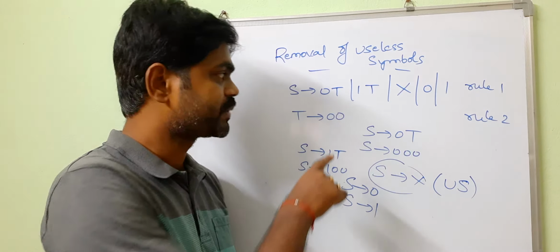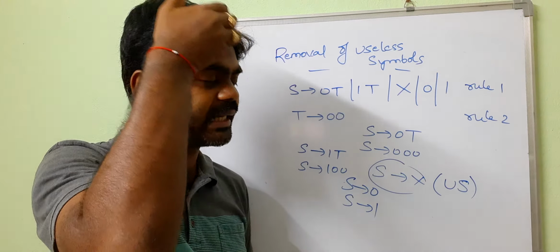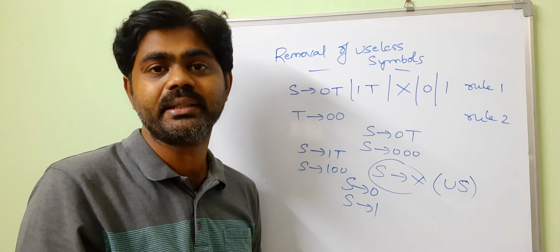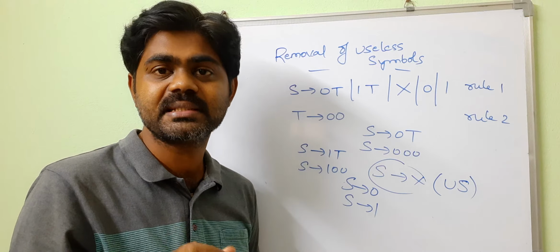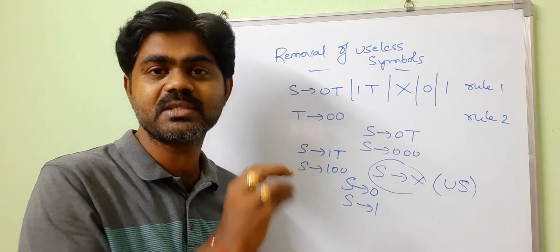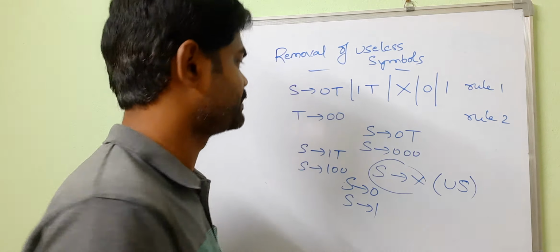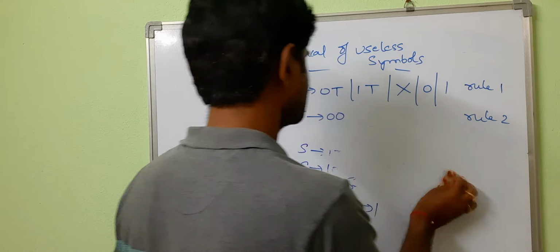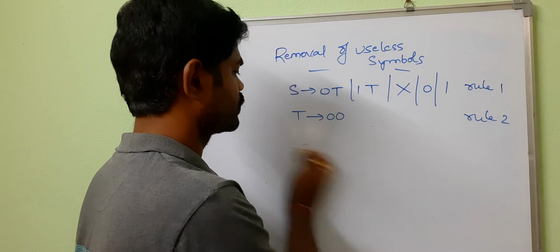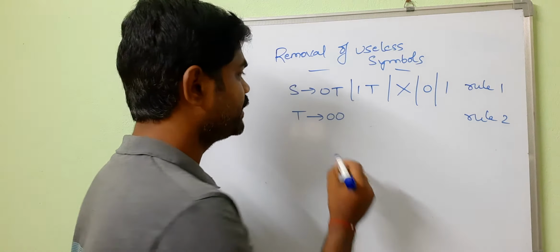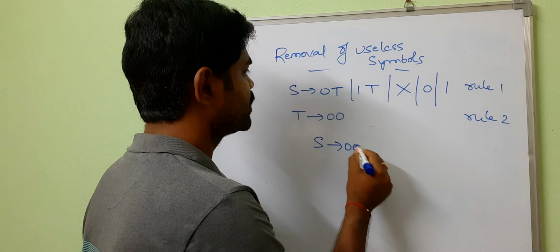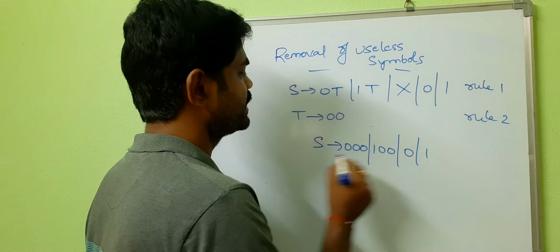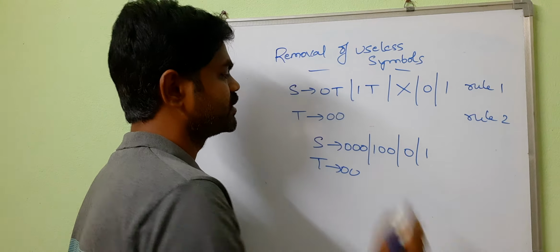I hope you understand. So useless symbol is something that we are unable to substitute any terminal into it. So that is said to be a useless symbol. First and foremost thing is we should remove those useless symbols. So final production will be S tends to 0, 0, 0, 1, 0, 0, 0, 1, T tends to 0, 0.